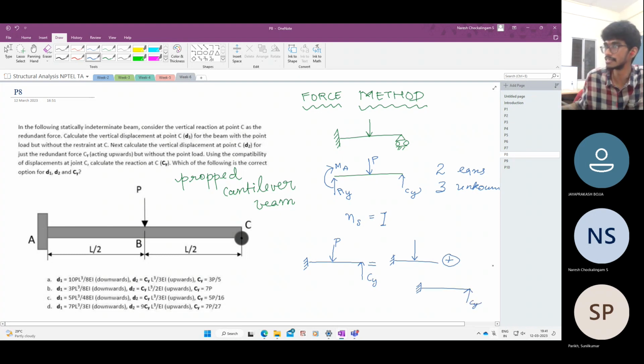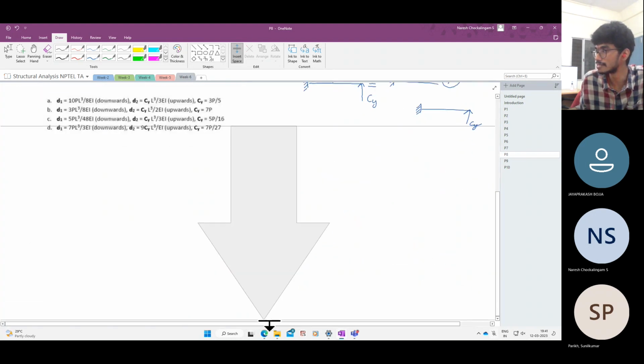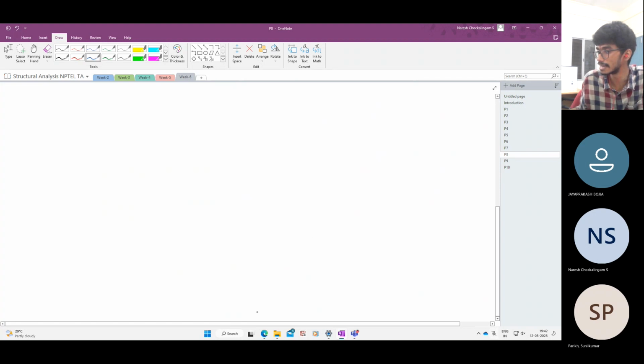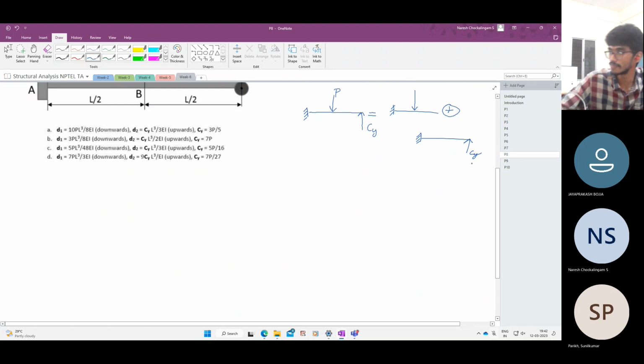Now, what is the condition that it should satisfy? It is statically indeterminate to the first degree. We have one unknown reaction, Cy. I want to find Cy. If I want to find Cy, I want one extra equation. Who gives that extra equation? This fixed support at C. What is that?